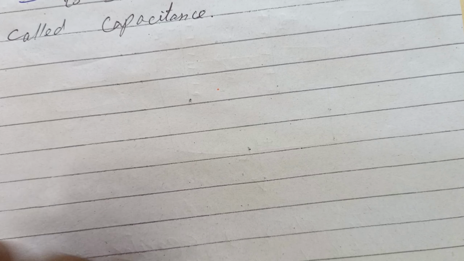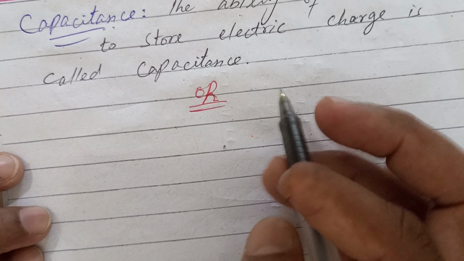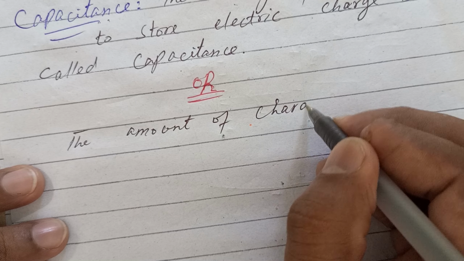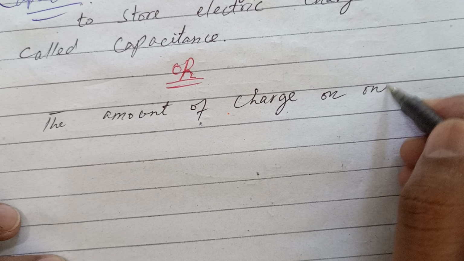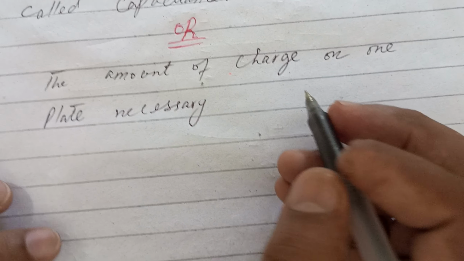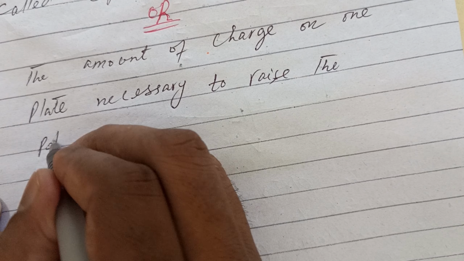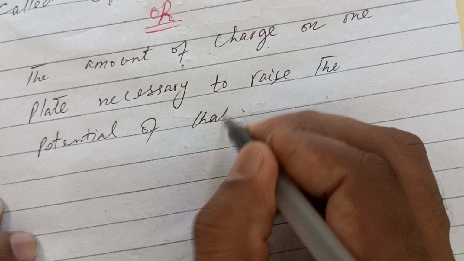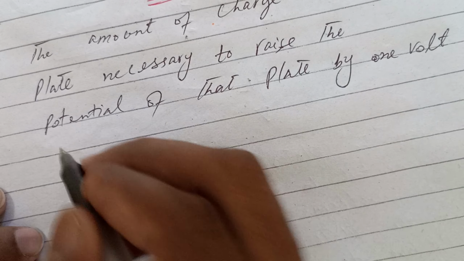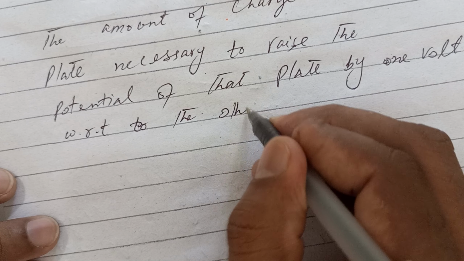One more way to define the capacitance is the amount of charge on one plate necessary to raise the potential of that plate by 1 volt with respect to the other plate.